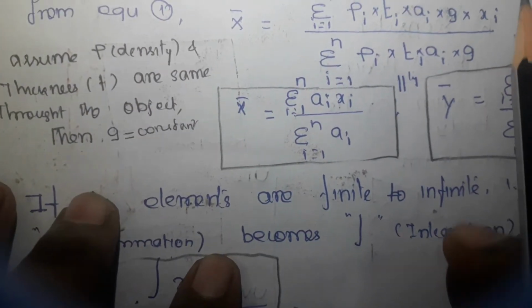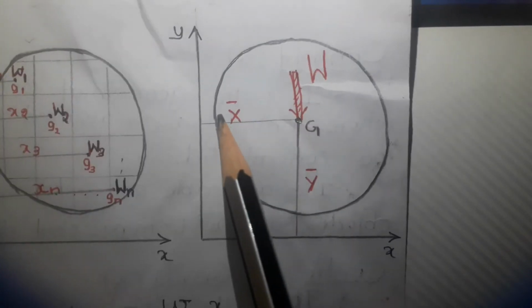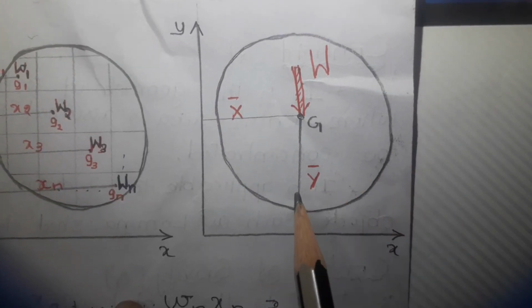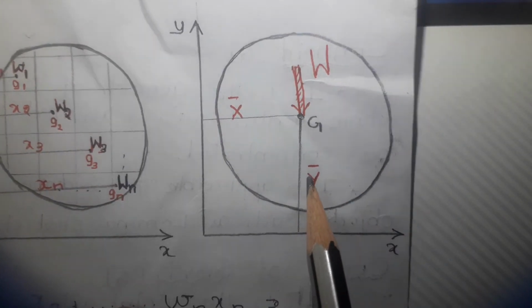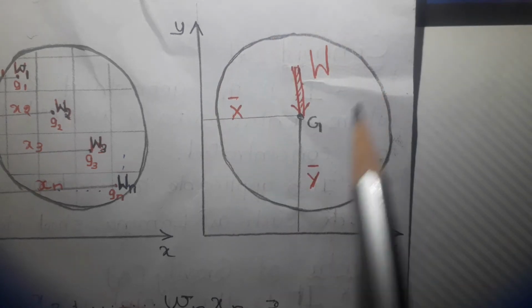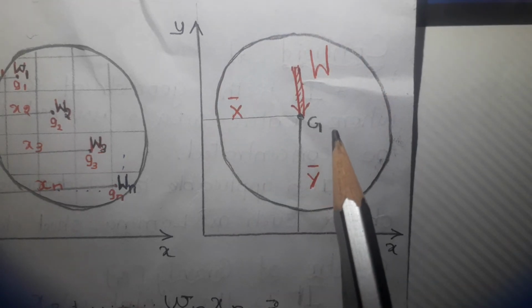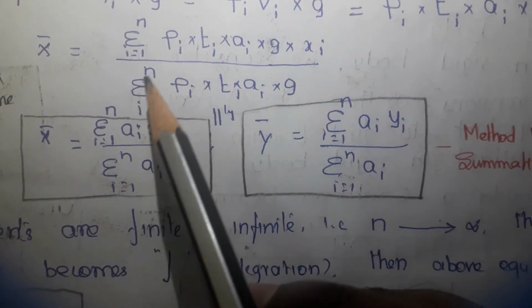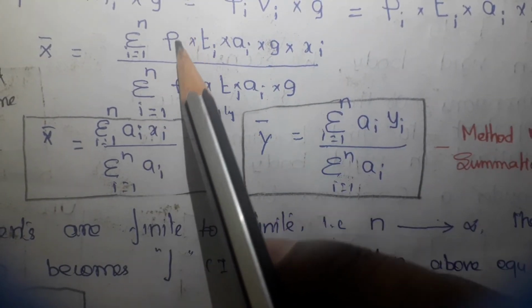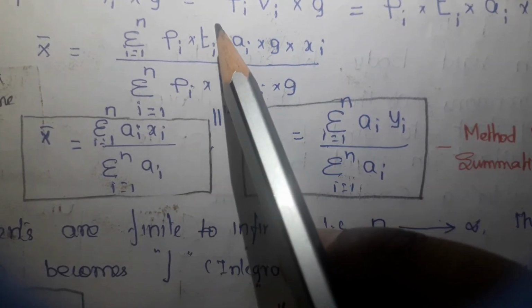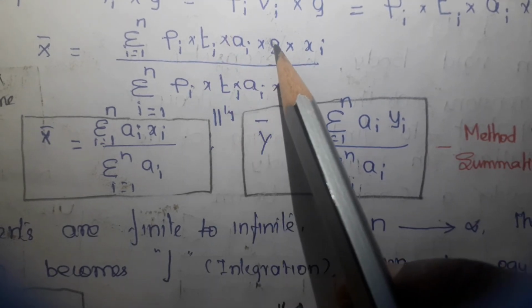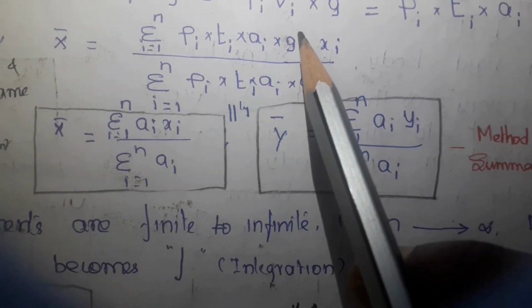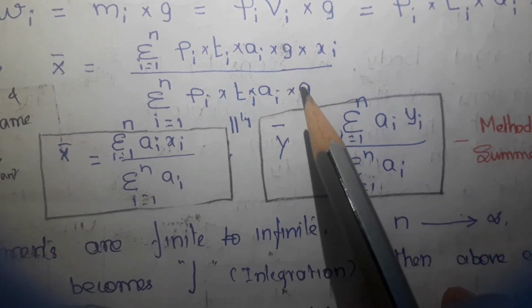Now we know that suppose this entire weight is made up of the same material and the thickness is also the same, and we all know that the gravitational constant G is also the same throughout the earth. So in this equation, the density will be cancelled, the thickness will also be cancelled, and the G will also get cancelled.